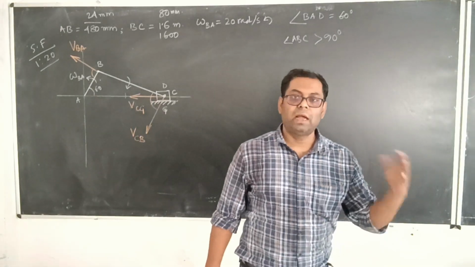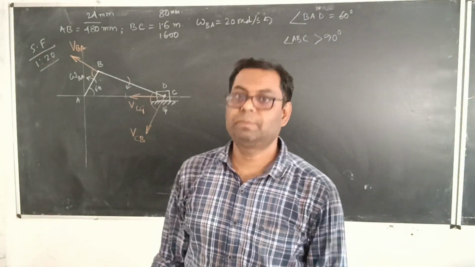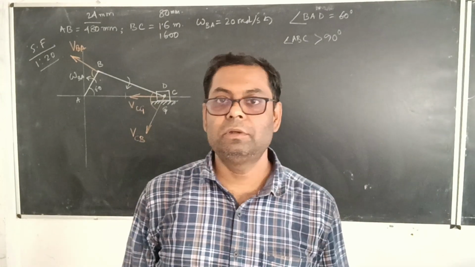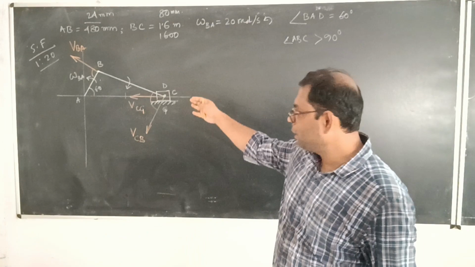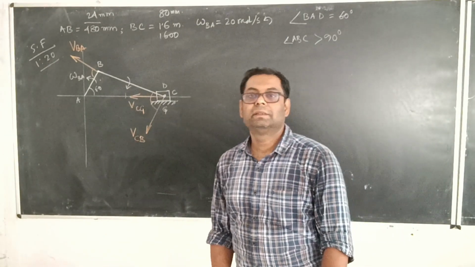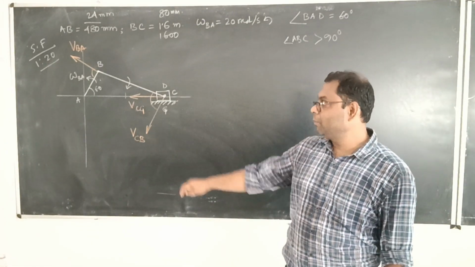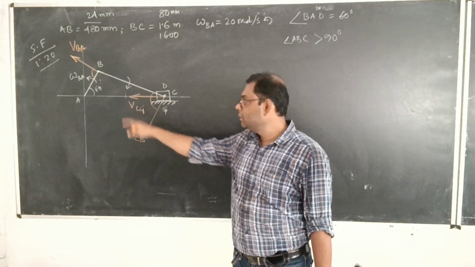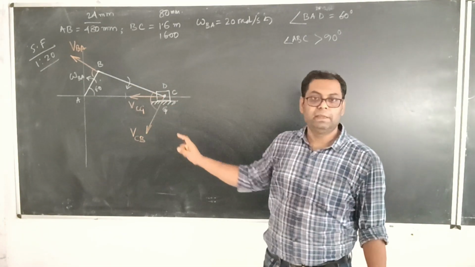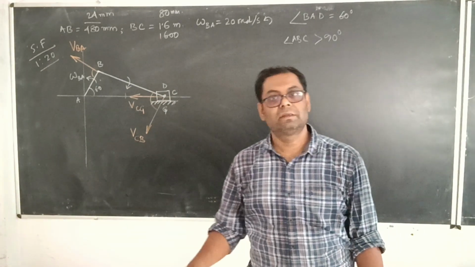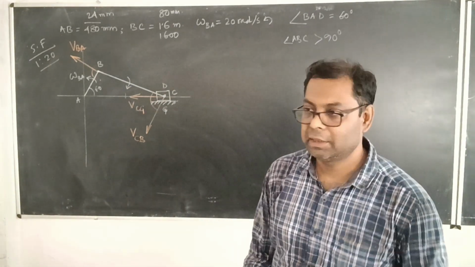Okay, so now let us solve this problem, and we have to first draw the velocity diagram. Already over here we have shown the three velocity components, namely VBA, VCG and VCB. These three velocity components already we have shown over here.